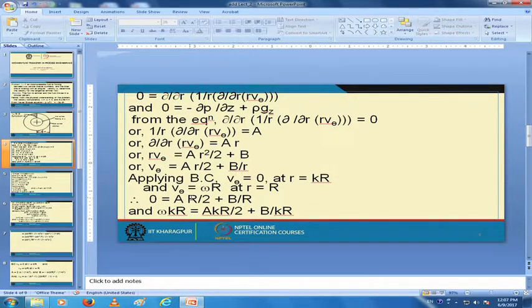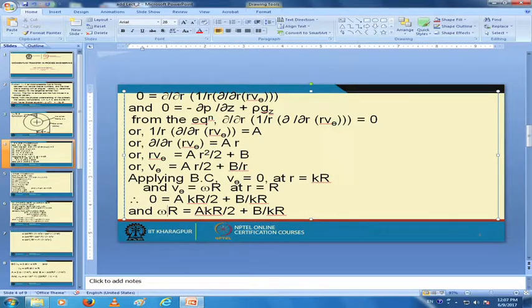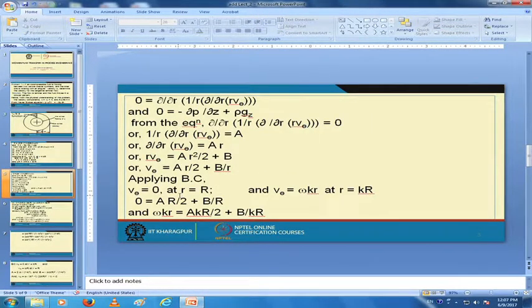So 0 is equal to a kr by 2 plus b by kr. And in the second case, omega r is equal to a r by 2 plus b by r.